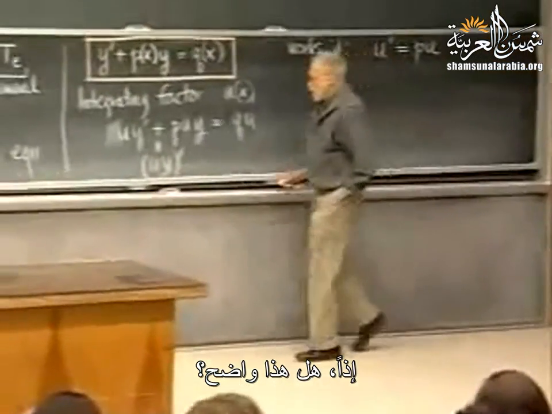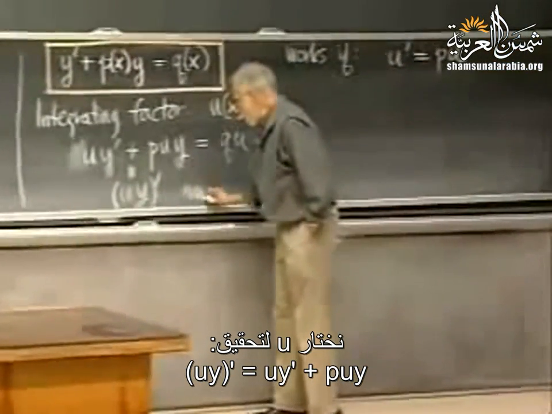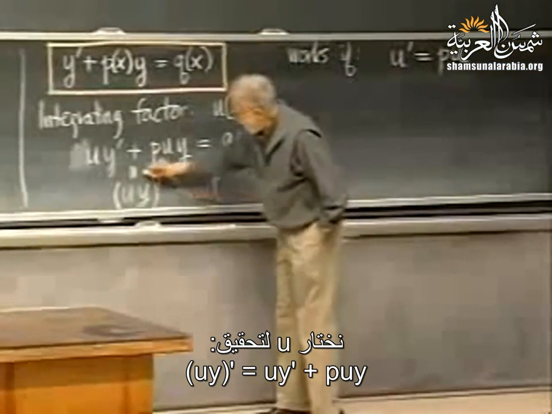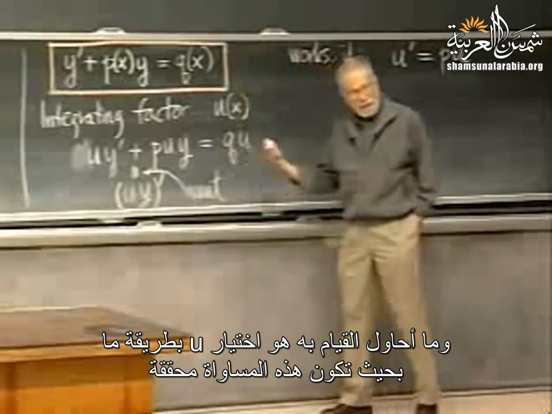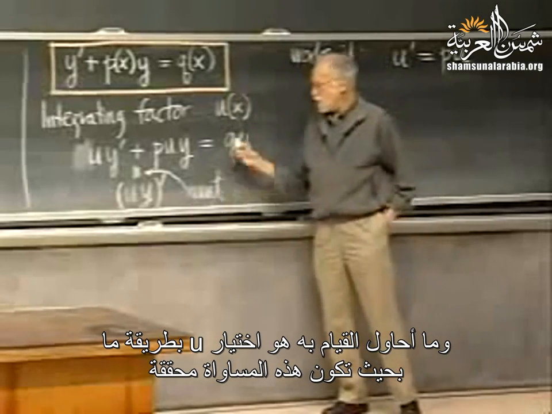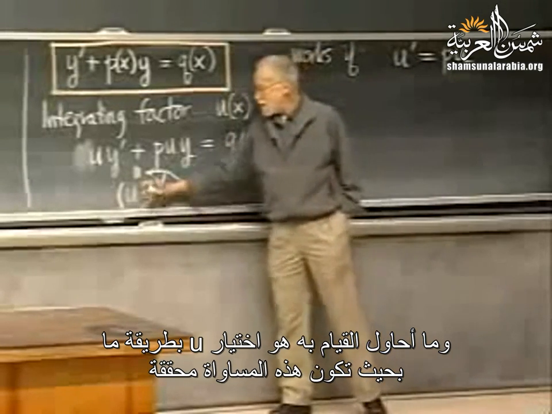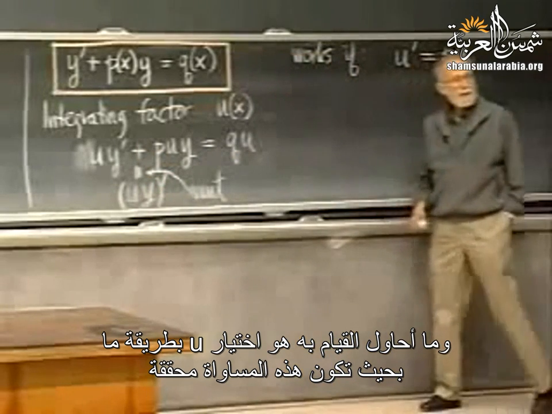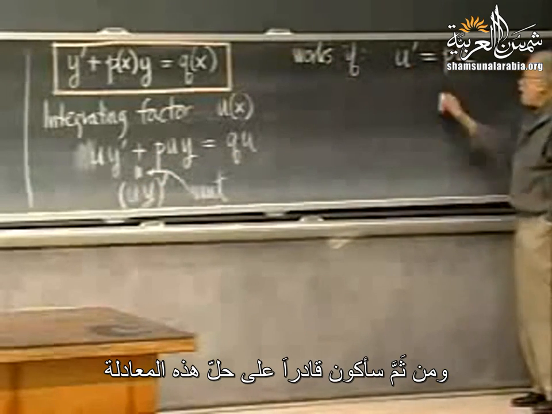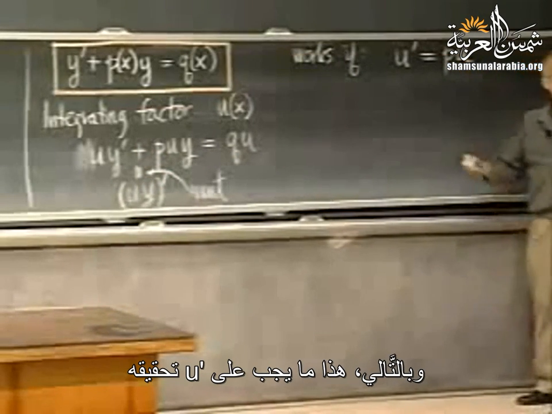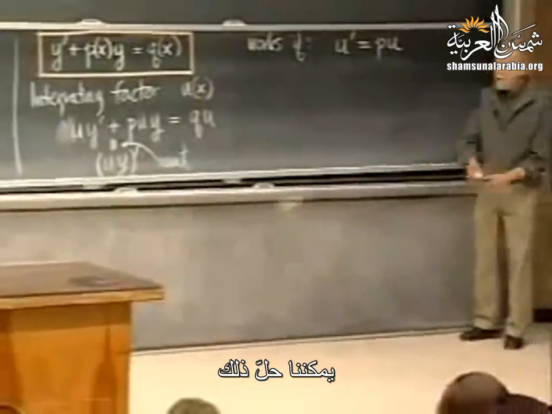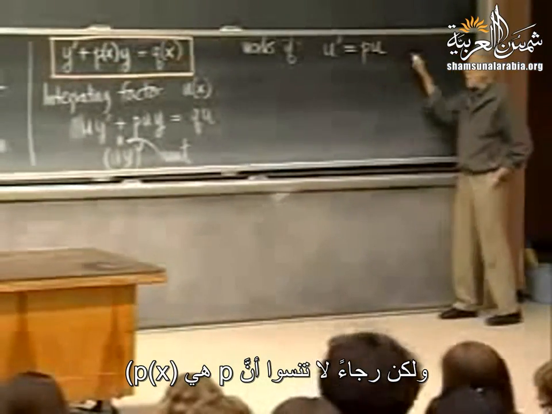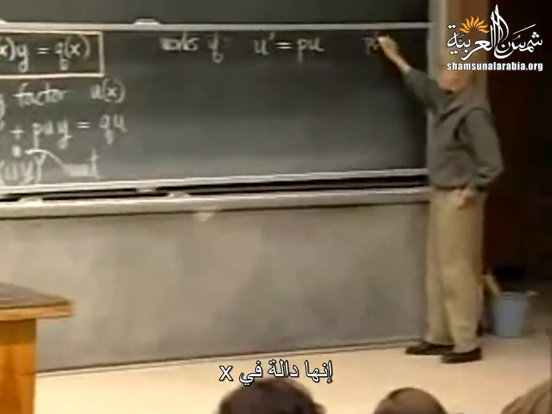So is it clear? This is something we want to be equal to, and the thing I'll try to do is choose u in such a way that this equality will take place, and then I'll be able to solve the equation. And now, here's what my u prime must satisfy. Hey, we can solve that, but please don't forget that p is p of x. It's a function of x.